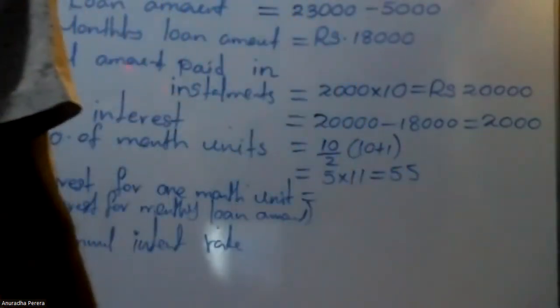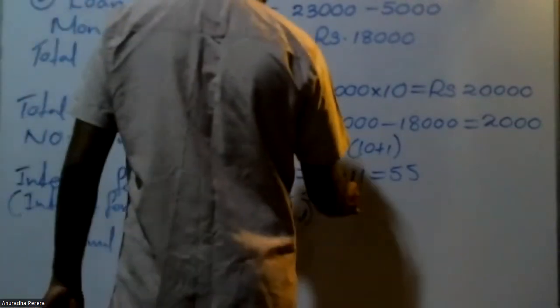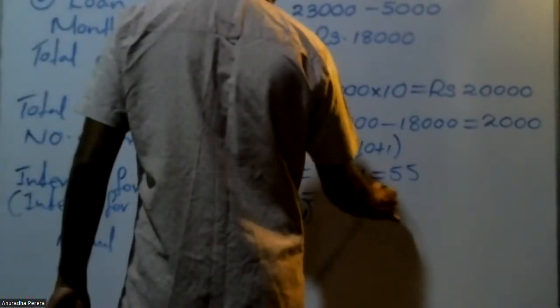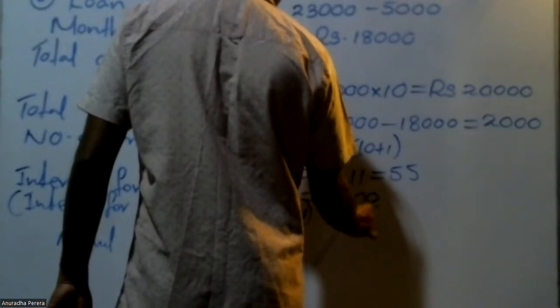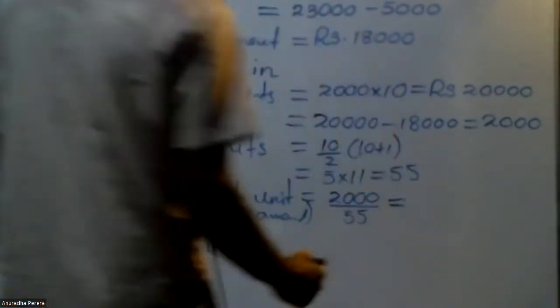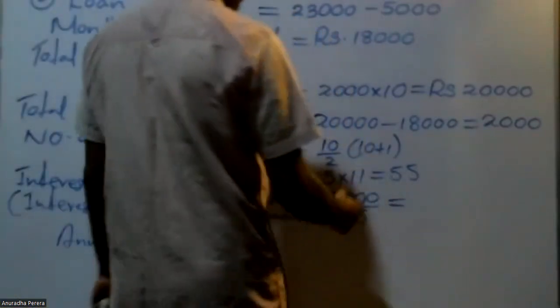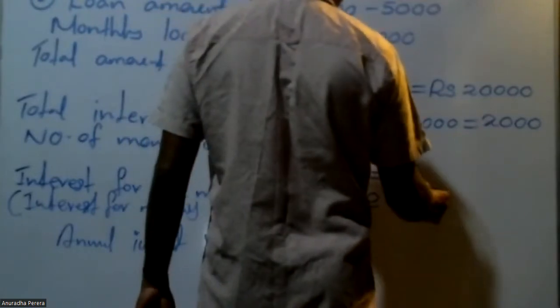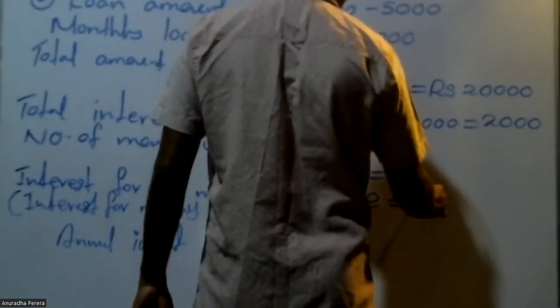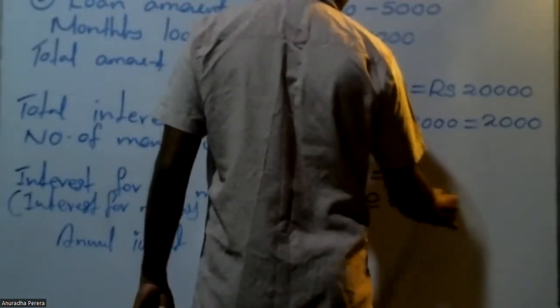Interest for 1 month unit: divide this 2,000 by 55. Right? The simplest form is, divide by 5, 400 over 11.